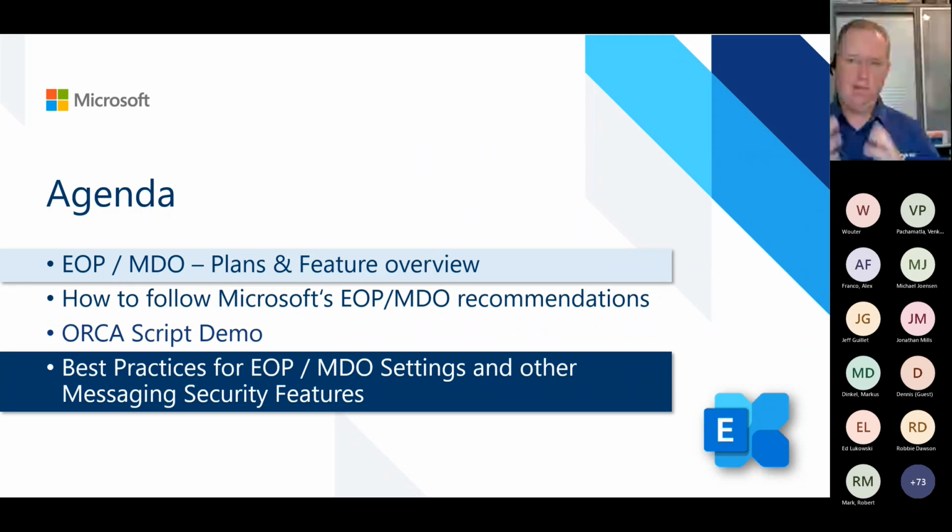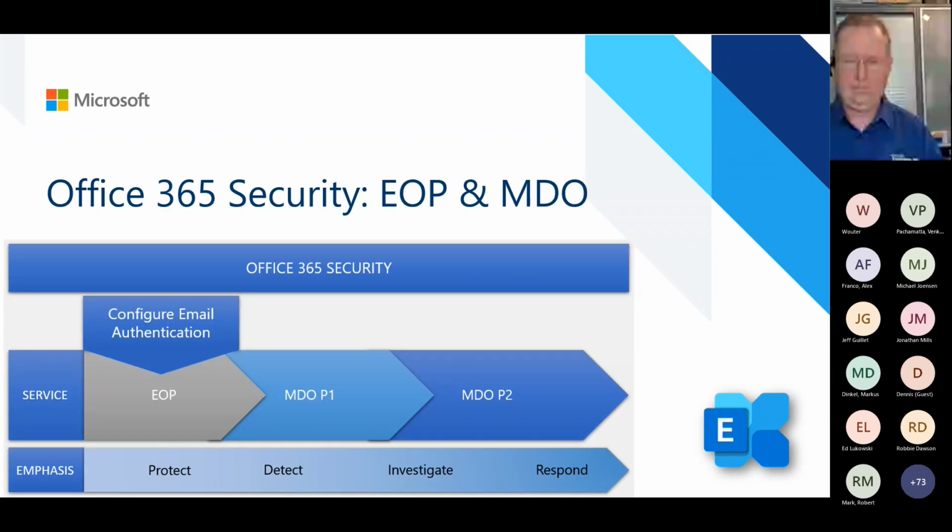And lastly, and that's the biggest part of this presentation, is to share some of the best practices for the EOP MDO settings that we collected over the years, and to evaluate when you should use them or what to consider. Because that's an important thing, as well as a couple of other messaging security features that you might not be aware of that we discuss here as well. So let's jump right into the presentation.